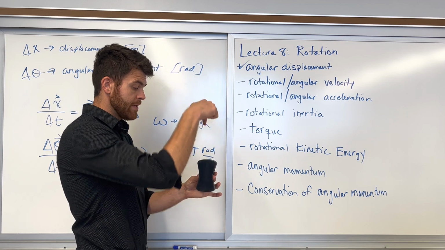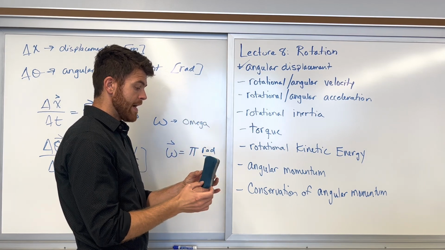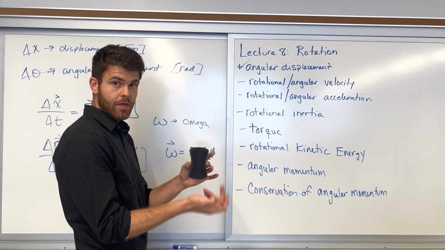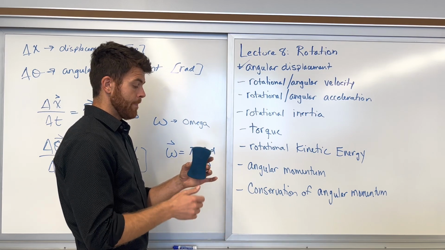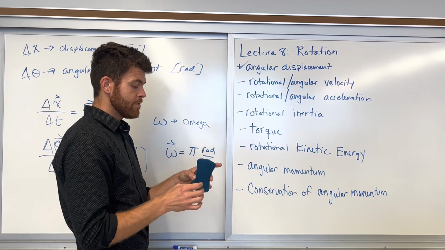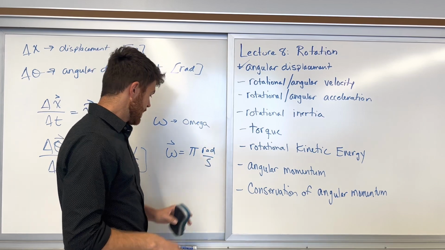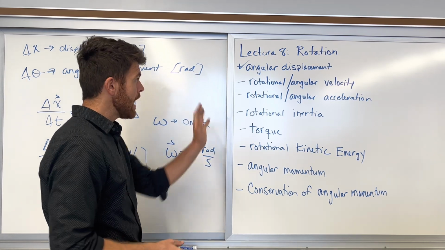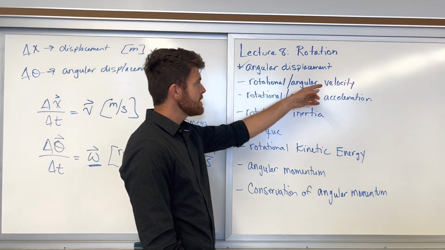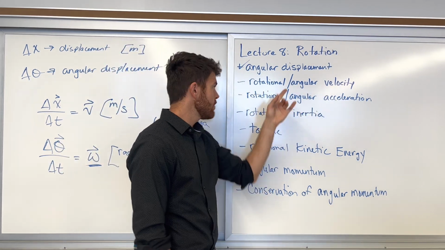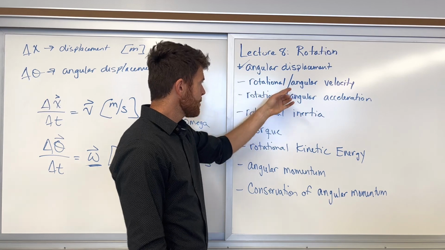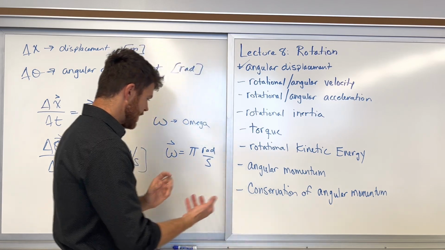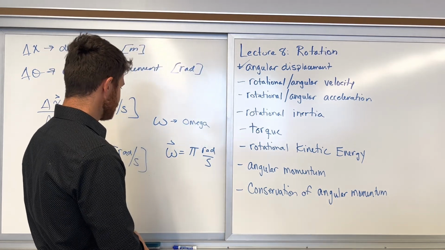So if it starts here, rotating about this axis, it's going to rotate pi radians, which is 180 degrees, every second. So it will take 2 seconds to go 2 pi radians. Or it could rotate this way, whatever axis it's rotating about. So this is the rate of rotation. This is the angular or rotational velocity, sometimes referred to as angular velocity. I put a slash there because both of these terms are used to describe this rotational rate of displacement.